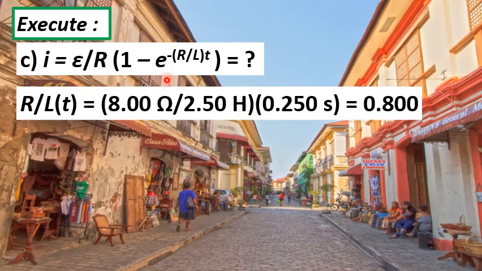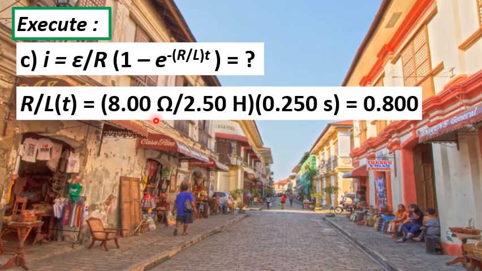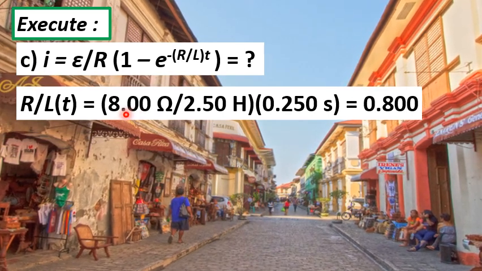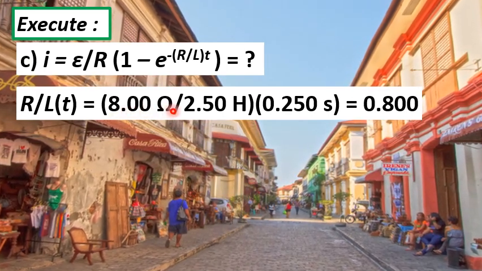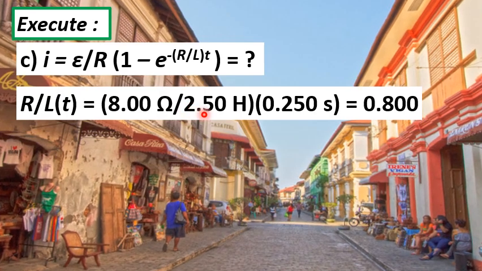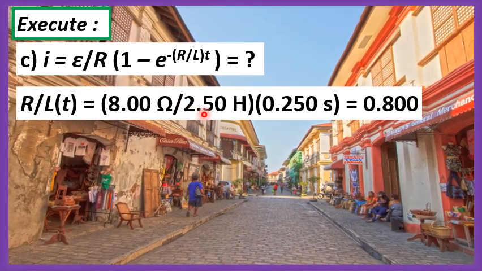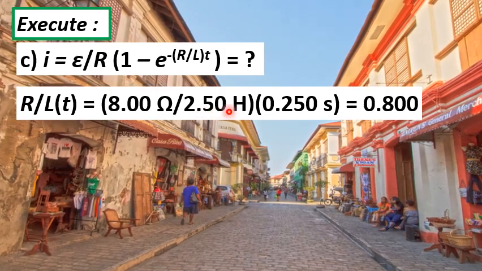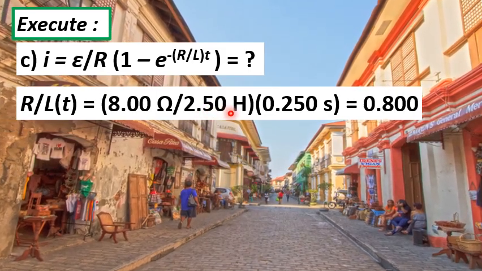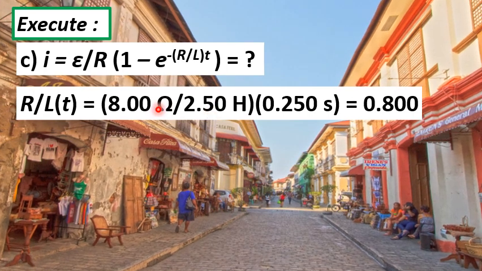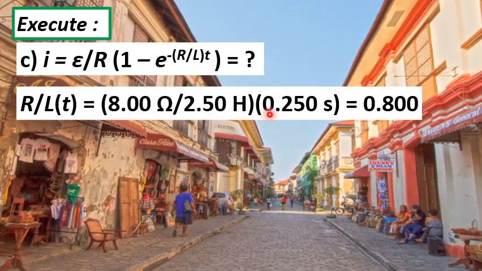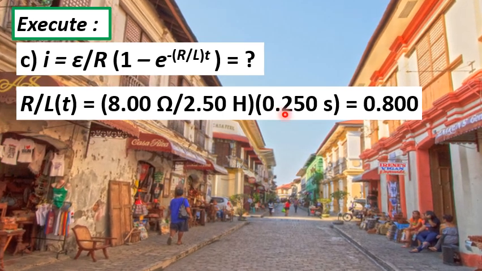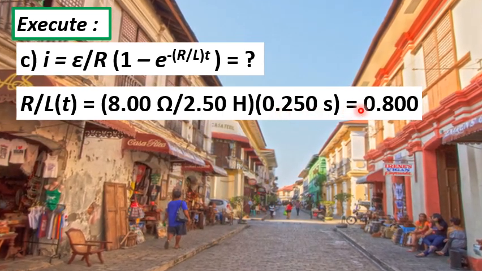Substituting the value of the resistance big R, 8.00 ohms, divided by the given inductance 2.50 henry, the quotient will be multiplied by the time small letter t equal to 0.250 seconds.